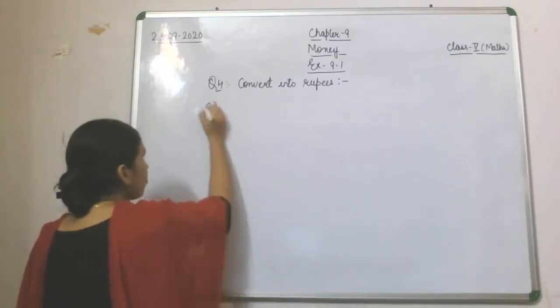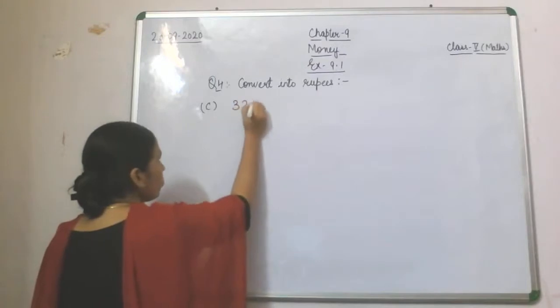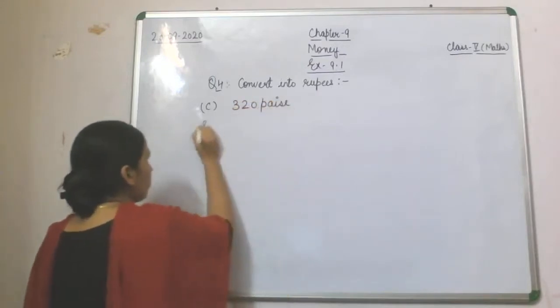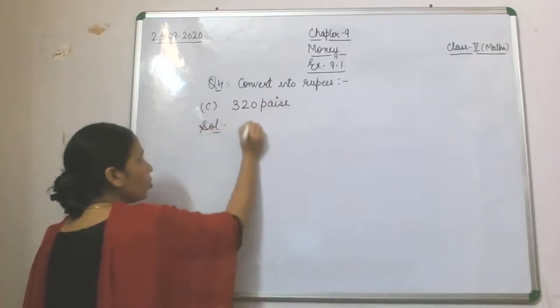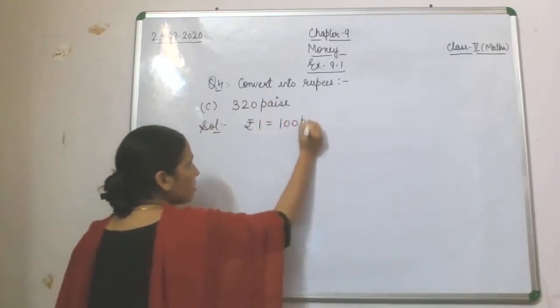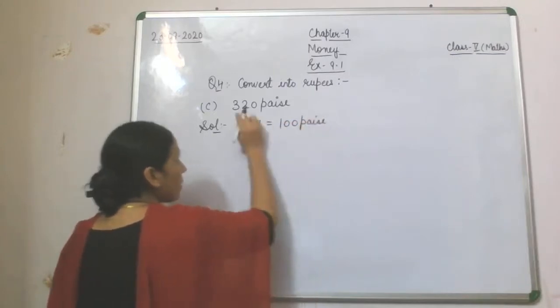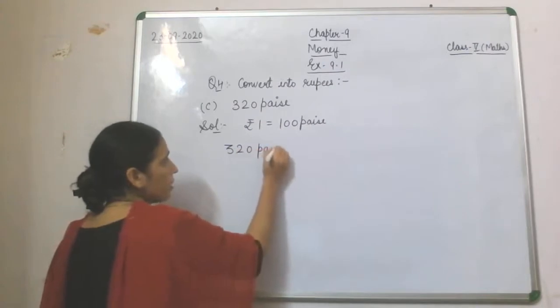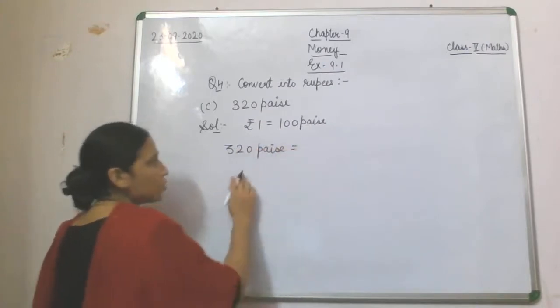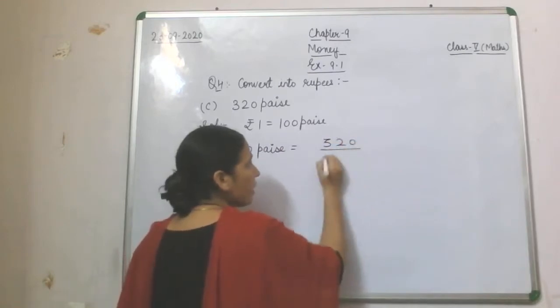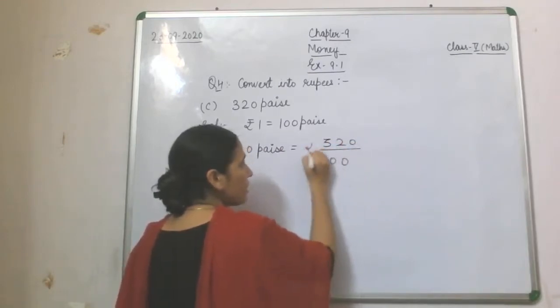In this we are going to see both C and D parts. C part is 320 paise. Now solution: rupee 1 is equal to 100 paise. Now 320 paise is equal to 320 divided by 100 to change it into rupee.